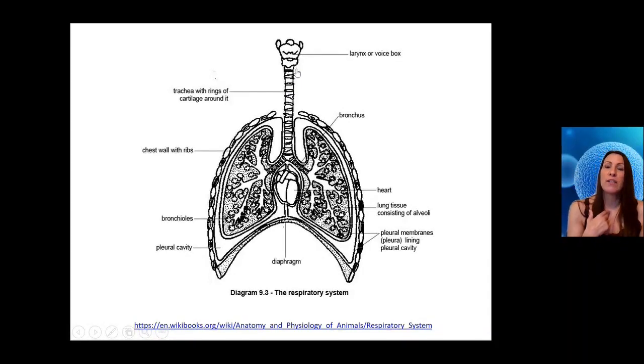So we don't want food in the trachea. It's a closed system once food's in there. If food does accidentally get inside the trachea, we will naturally cough it up and out of the lungs. So there's a little flap of cartilage known as the epiglottis, which tries to protect the trachea from any food that might enter it. What else have we got?